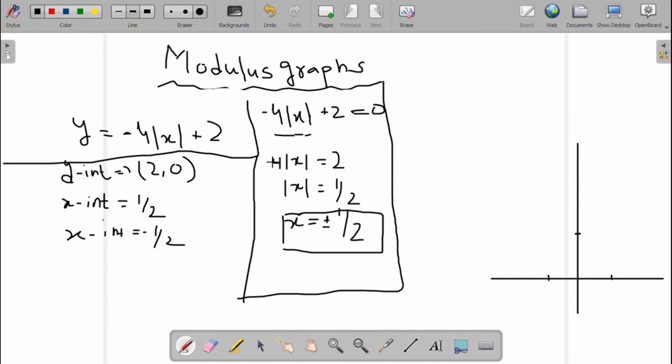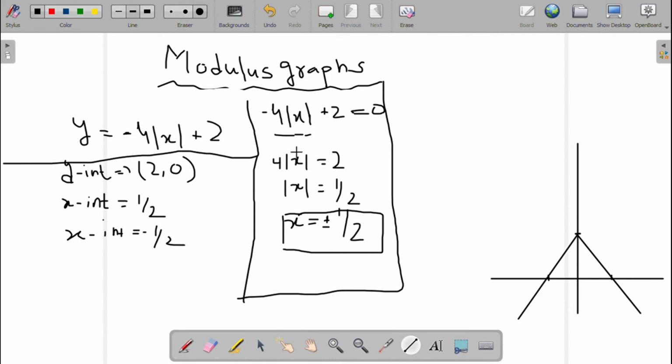Now because of this negative sign outside the modulus, the graph will be an upside down V shape. The upside down V shape will be coming down towards the x-axis like this. And this is the complete sketch of this equation.